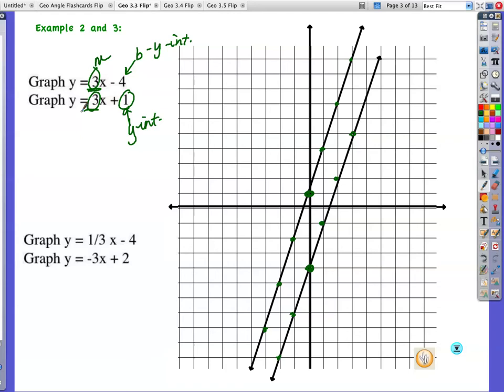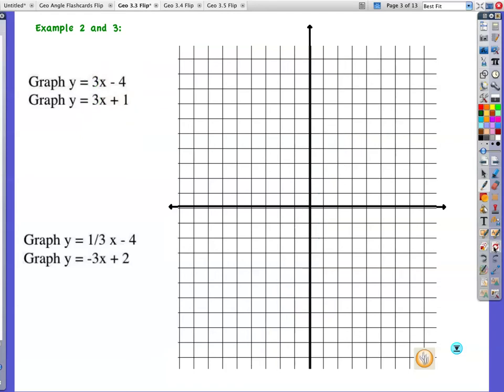All right, let's look at this second set here. I've got 1/3 x minus 4. So my y-intercept is -4. Okay. And I have a slope of 1/3. That means from this point, I'm going to rise 1, and then I'm going to run 3. Rise 1, run 3. I'm going to go a couple the other direction.